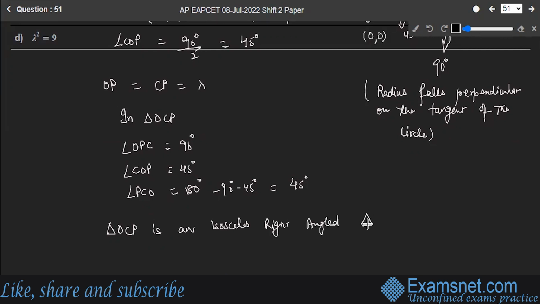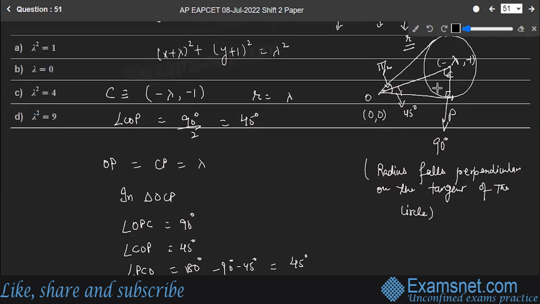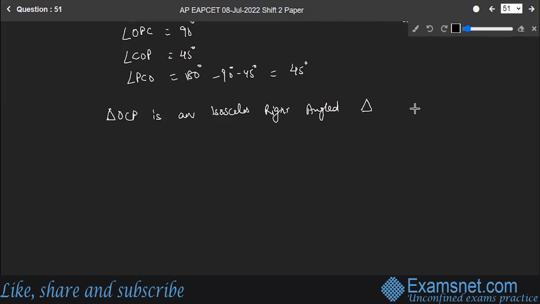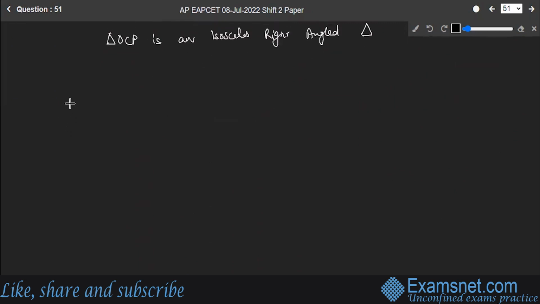Correct? Also, one thing more, if I want to note down the length of OC, we can use the distance formula, because O is given by 0, 0 and C is given by minus lambda, minus 1. So OC will be given by root of lambda square plus 1. Correct? One thing more, OCP is a right angle triangle.